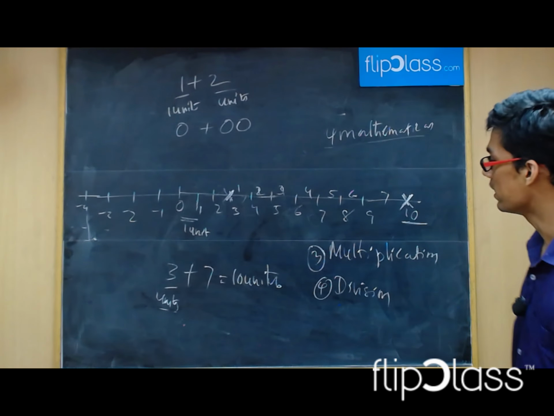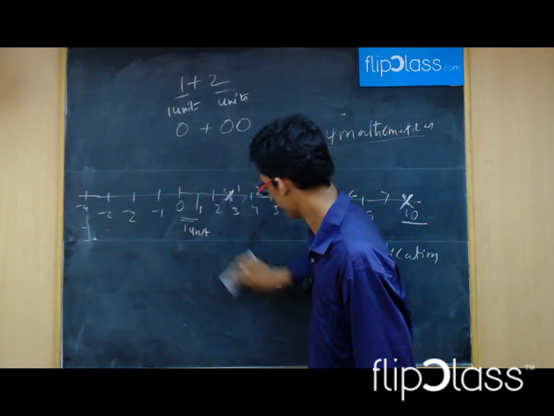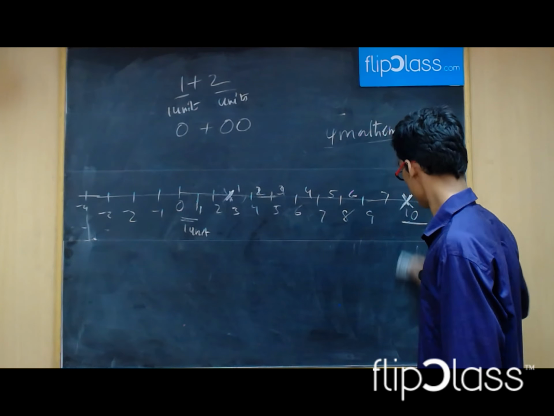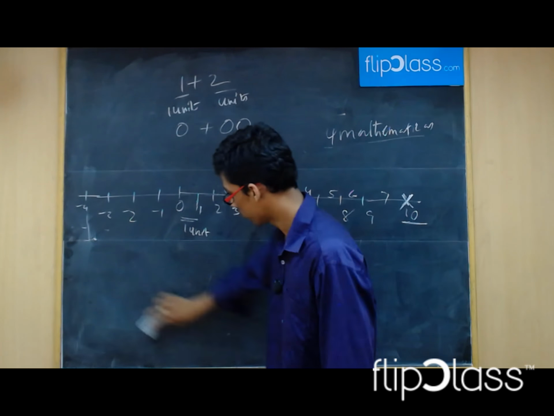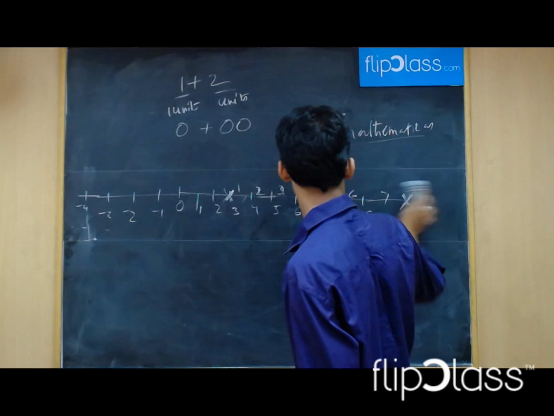So now we'll see how we subtract numbers. Let's take the example of 3 minus 2. How that is done is what you have to understand.